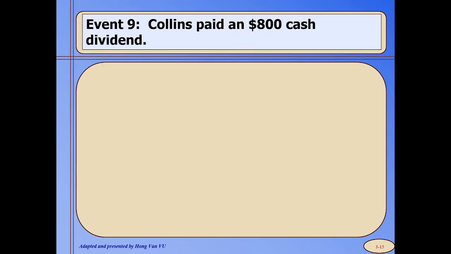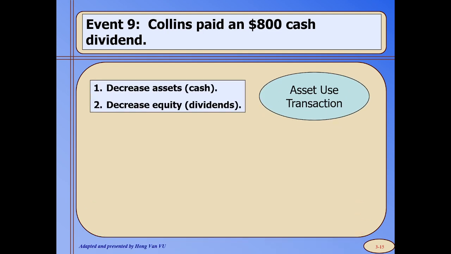We move to the next transaction, event number 9, in which Collins paid an 800 cash dividend. So you know that after a period of operating, the company may be profitable. That's the reason why the company decided to pay the dividend to the shareholders, or stockholders, or the owners of the company.